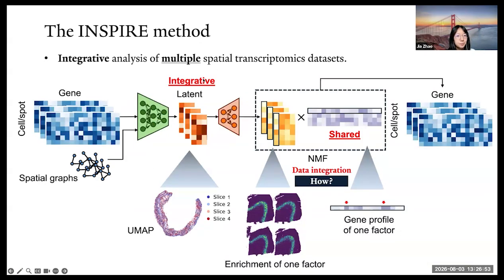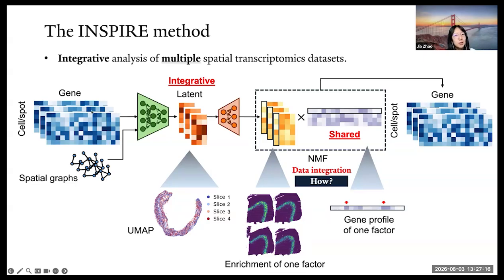Later on, I want to show how we can analyze multiple sections simultaneously. Of course, we may all think it's very natural to extend it to multiple sections. We only need to change the input.